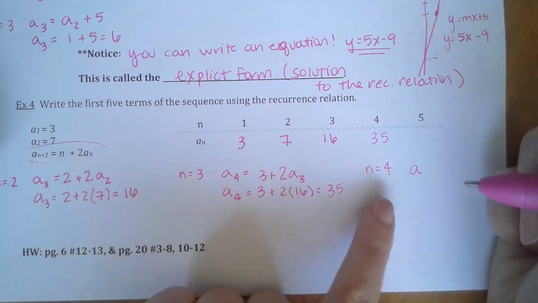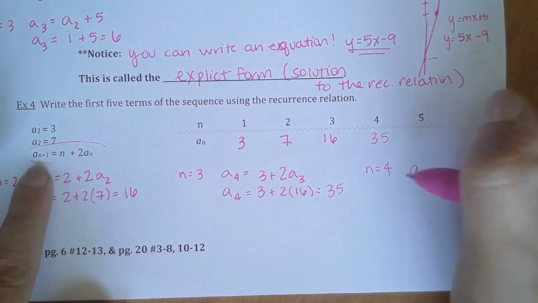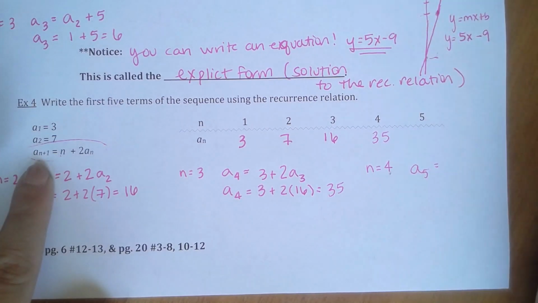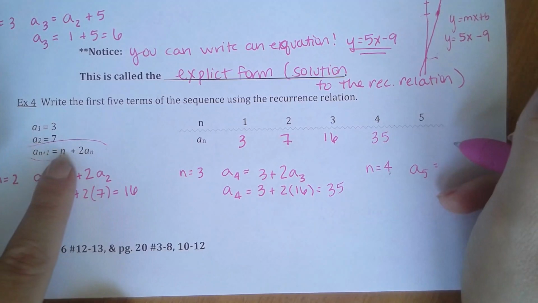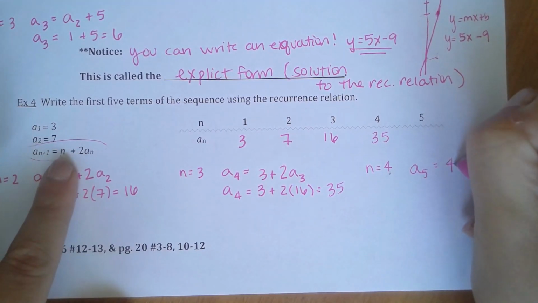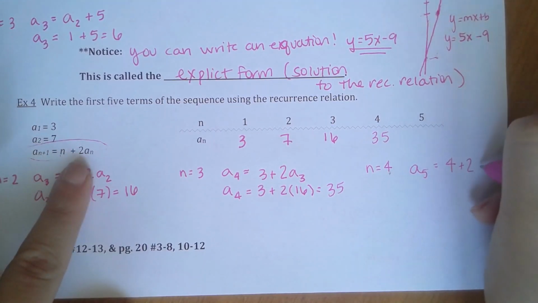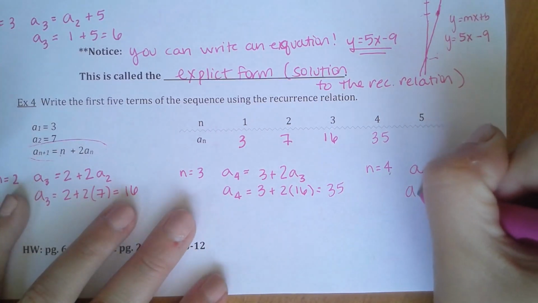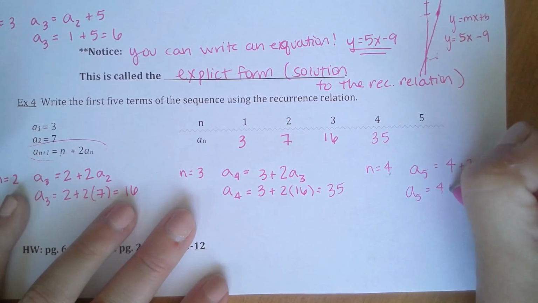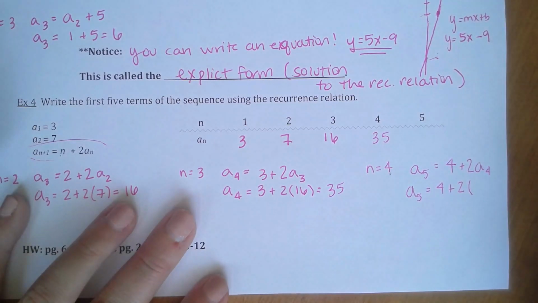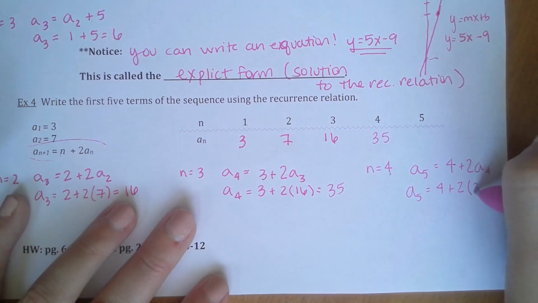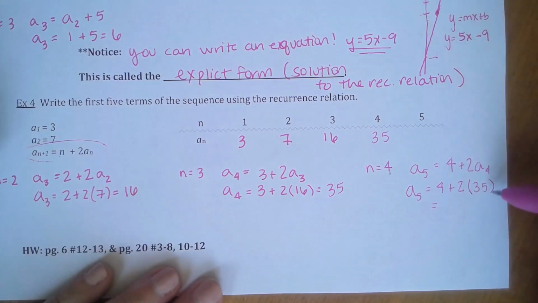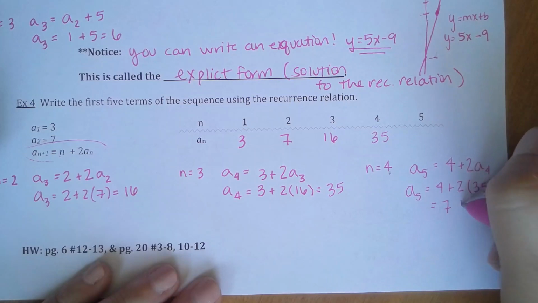Looking at my recurrence relationship, 4 plus 1 is 5. That's what I need, a sub 5. That would be 4, because n is 4, plus 2 times a sub 4. Again, n is 4. So a sub 5 would be 4 plus 2 times our a sub 4, which is 35, which gives us 4 plus 70, 74.